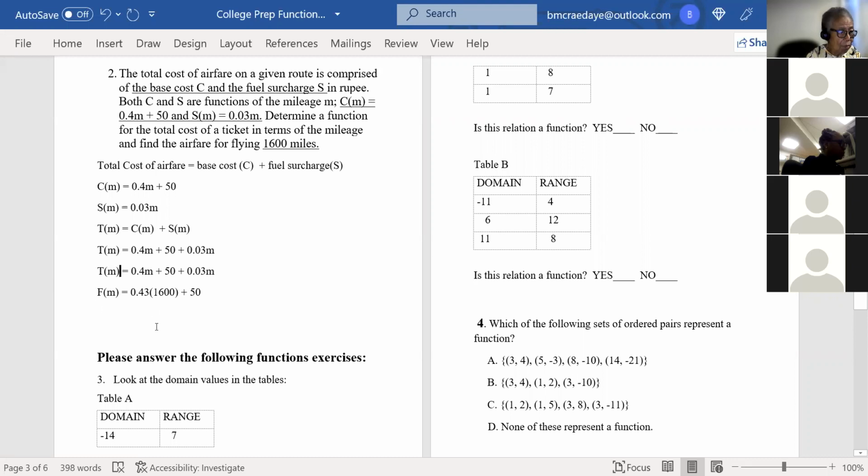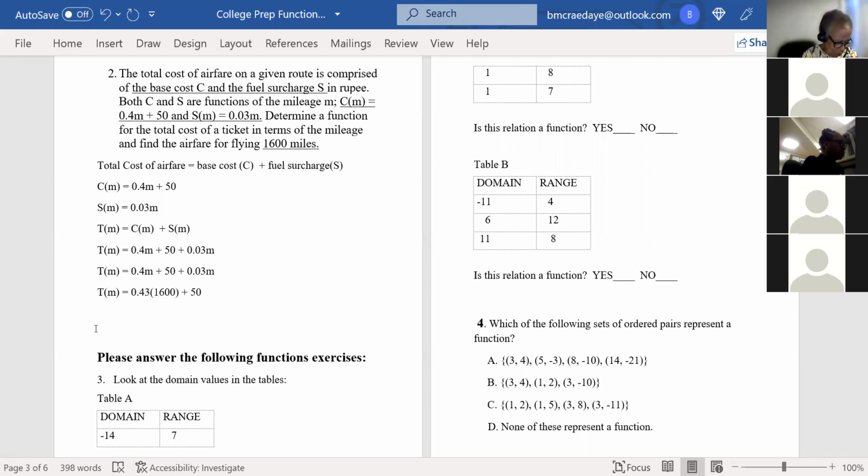I haven't finished it out yet because I got my calculator near to me. So they're doing it by hand. 0.43 times 1,600. What did you get, Latoya? I don't think I... 688. It's not me if it's wrong on the calculator.